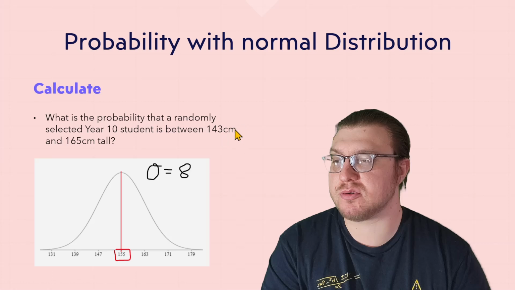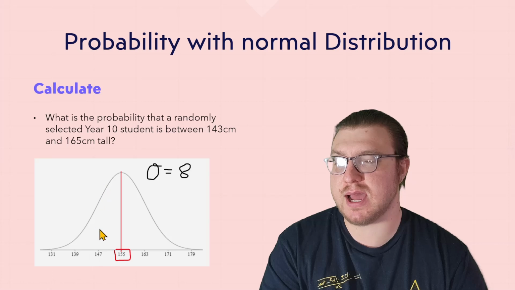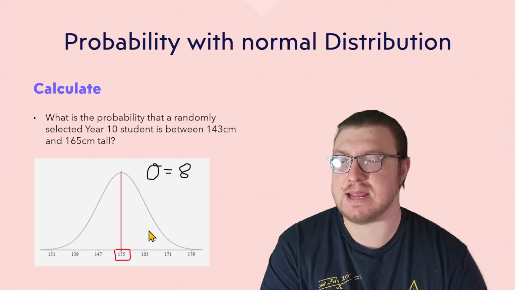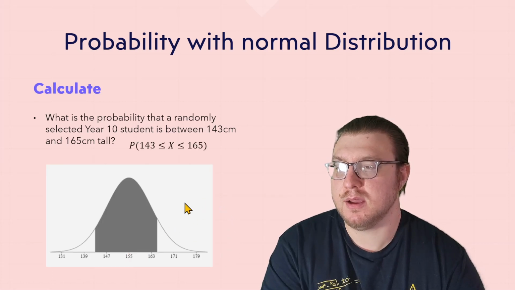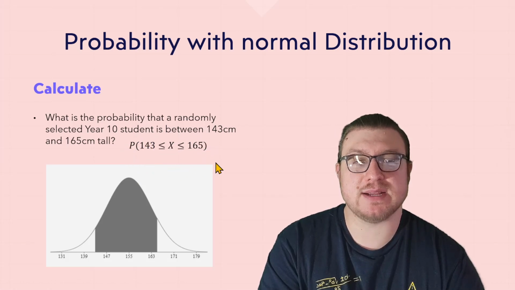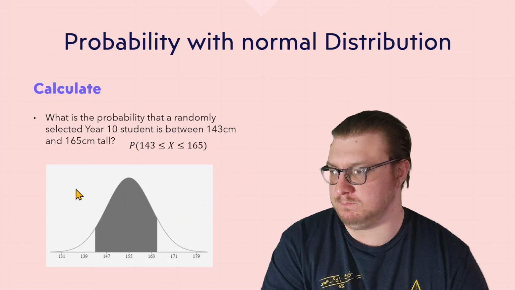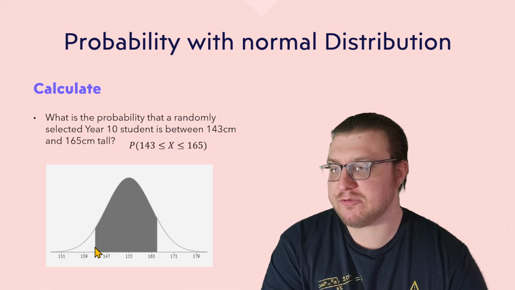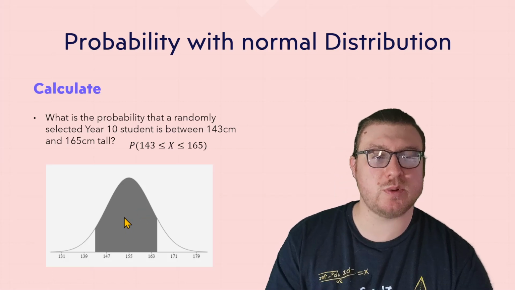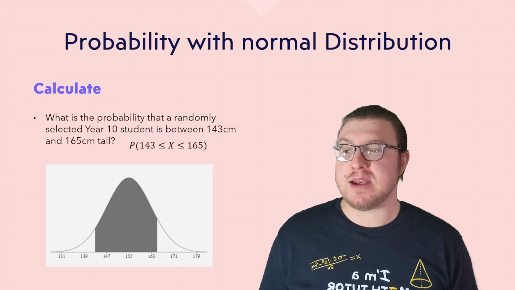The only thing you should remember is that 143 is less than the mean, so draw a line anywhere here, and 165 is higher, so draw a line anywhere here. The best thing would be to actually write this probability statement, but it's not required for the marking schedule at this point. Now we have drawn our two lines, and we're shading in the inside because we want to know the probability that x is between those.